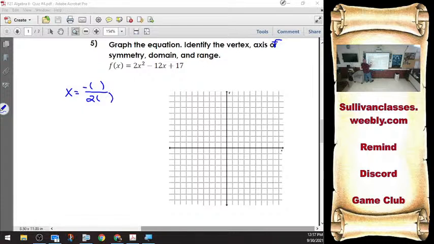To find the rest of the vertex, I'll find the function of that value. And we say b is -12, a is 2. Getting positive 12 over 4 is just 3. So find the function of 3.